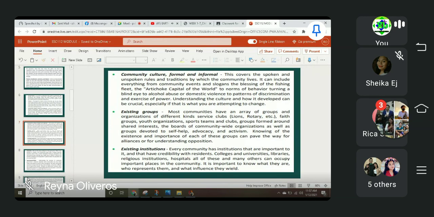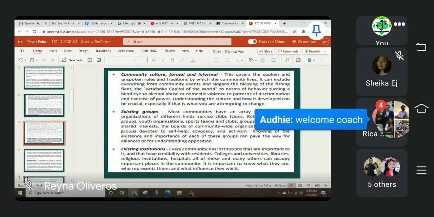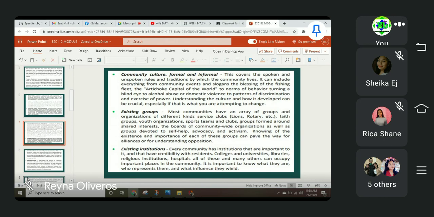So, it can include everything from community events and slogans, the blessing of the fleet, to norms of behavior, turning a blind eye to alcohol abuse or domestic violence, to patterns of discrimination and exercise of power. Okay? So sabi dito, understanding the culture and how it developed can be crucial, most especially if that is what you are attempting to change.